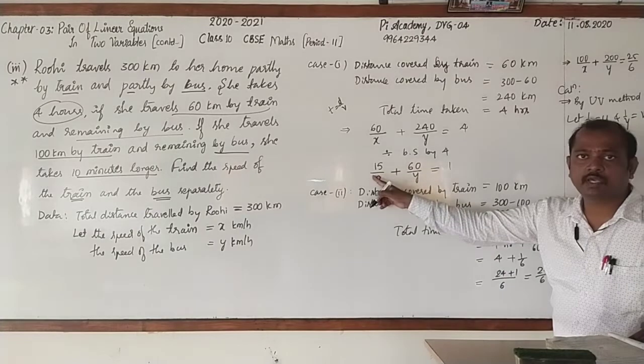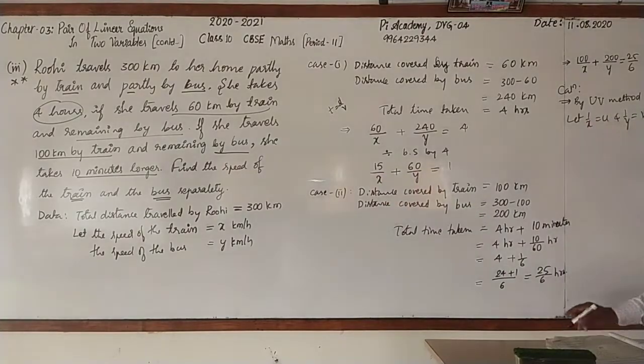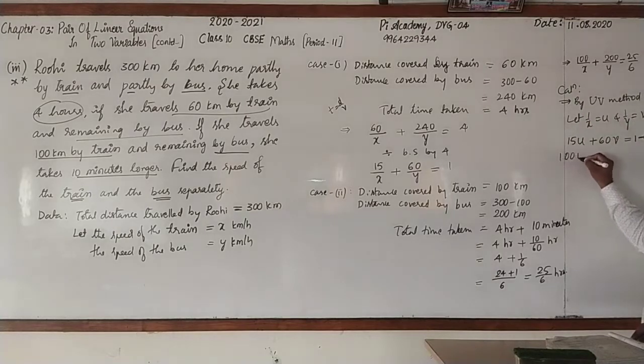Convert this first statement into mathematical equation. It is 15u plus 60v. This is equal to 1. Call it as equation 1. Similarly, this one. 100u plus 200v is equal to 25 by 6.